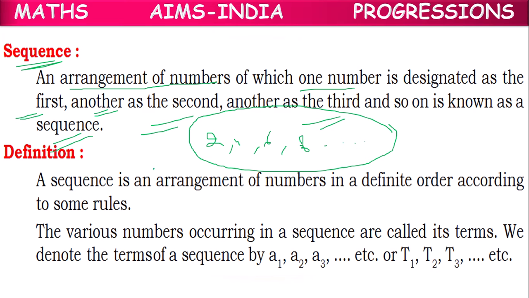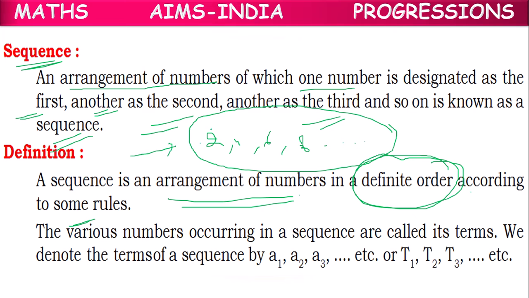This group of numbers, or this arrangement of numbers, should be in some definite order, according to some rules. If you take this example, 2, 4, 6, 8, all the numbers in the group are in which order?